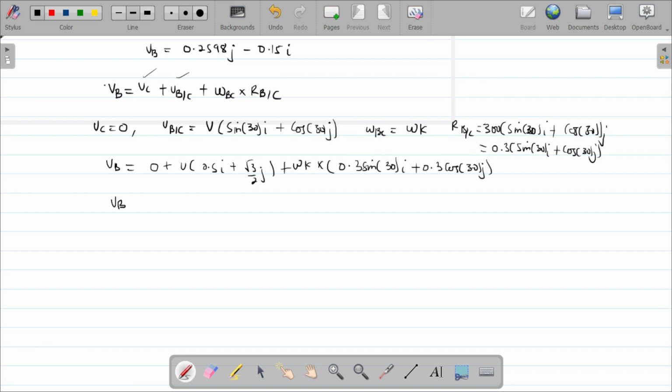So vB is equal to, so we have 0.5 v i, and then plus v on 2 root 3 j, and then here we are going to have 0.3 sine 30, that's 0.15, right?